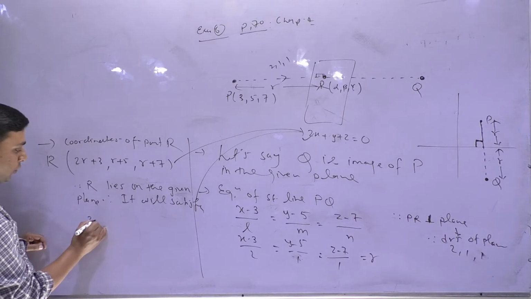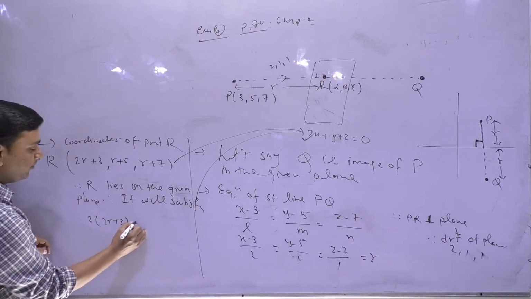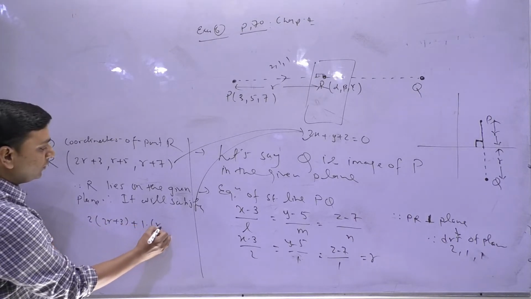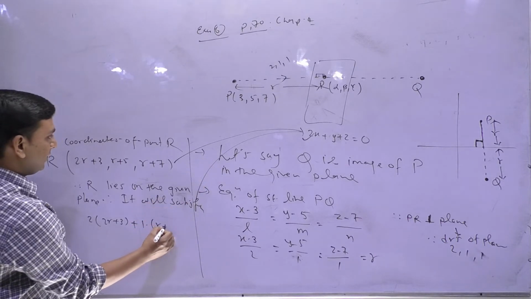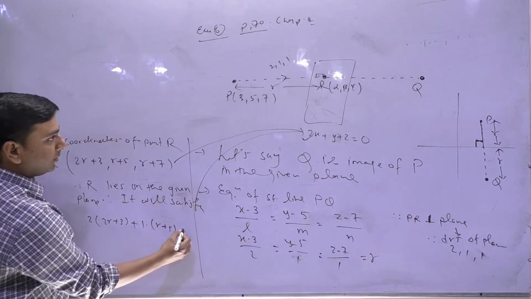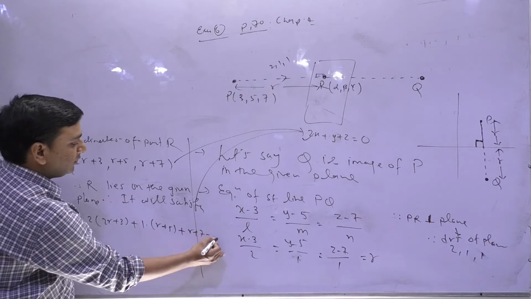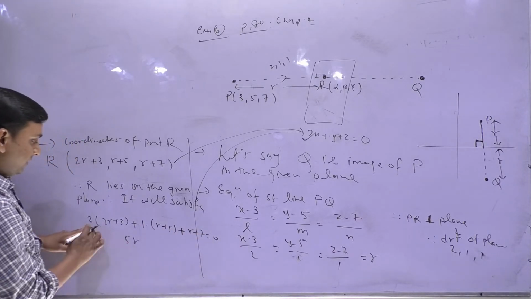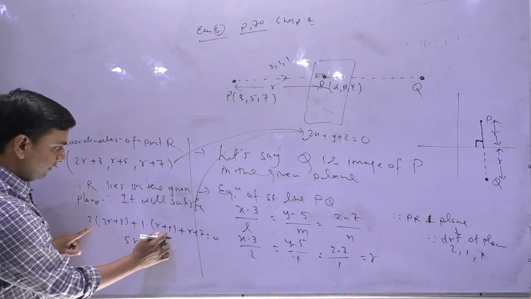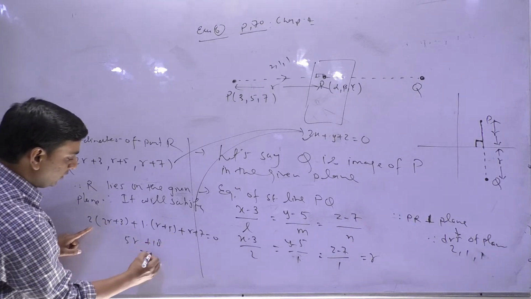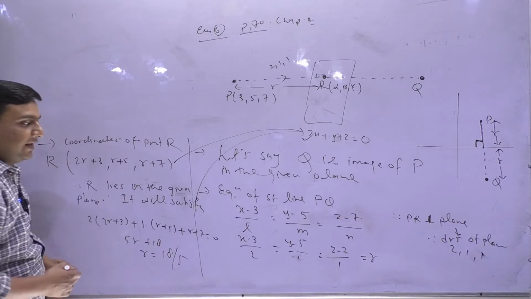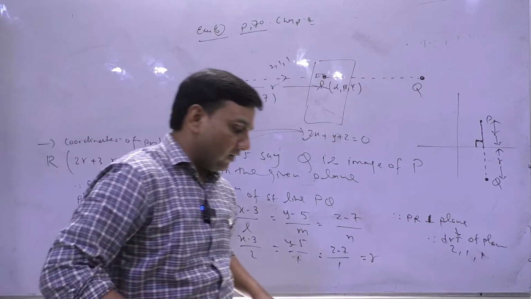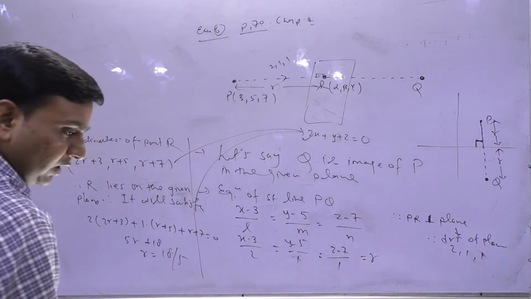Check it out: 2 into (2r plus 3) plus 1 into (r plus 5) plus (r plus 7) equals 0. What did I get? 4r plus r plus r is 6r, 6 plus 5 plus 7 is 18. So r we got as 18 by 5. Is that clear or not? The value of r is the same.